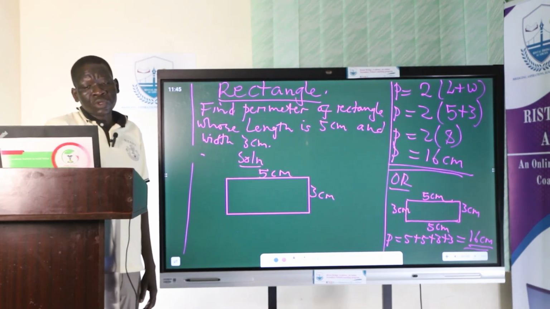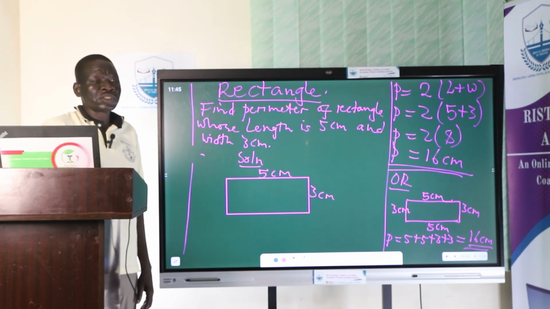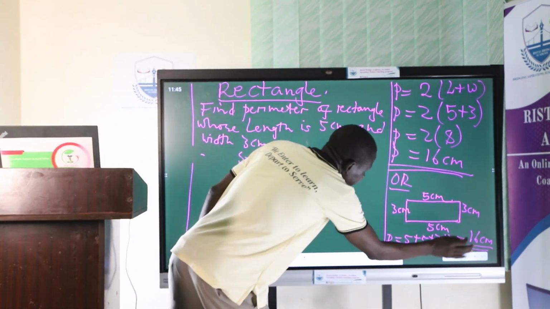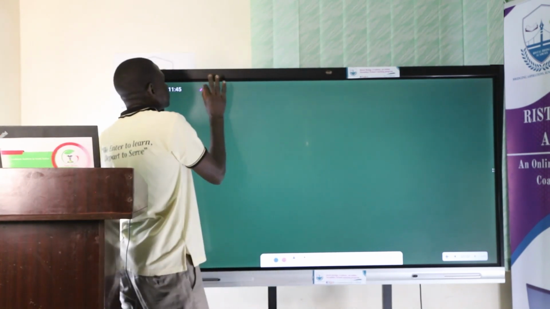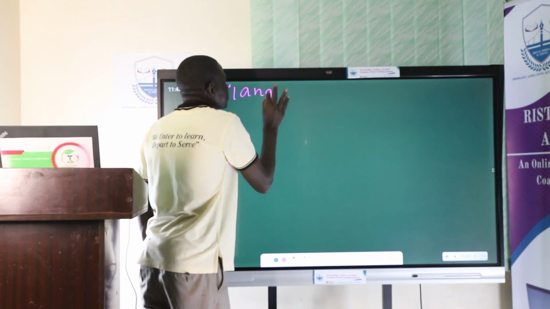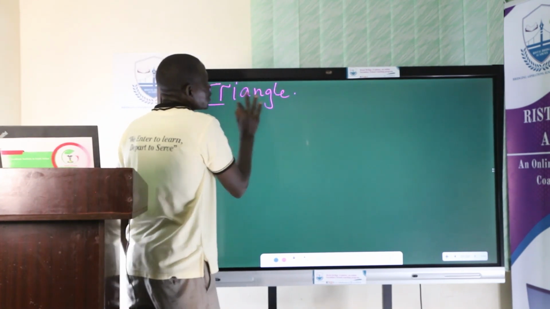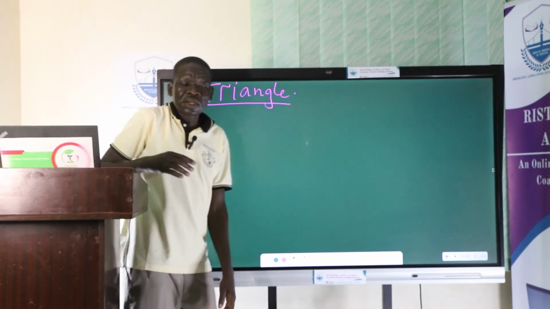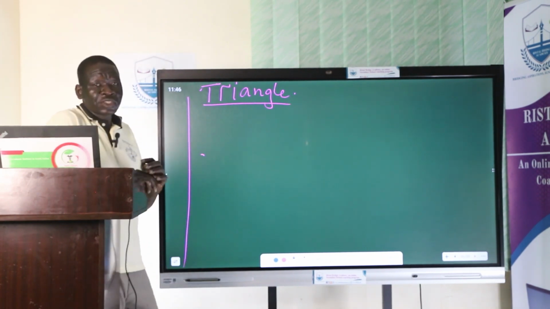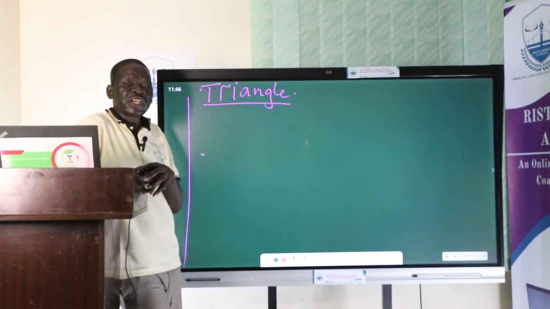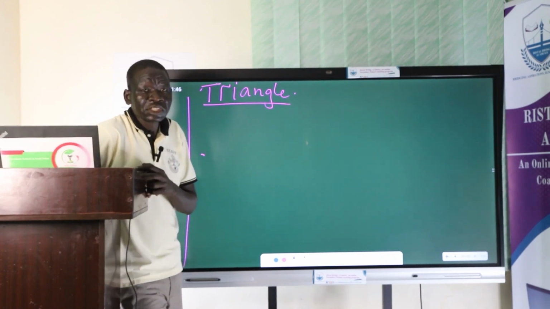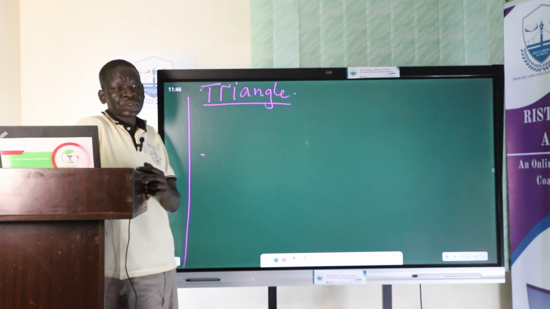Then we can also look at what we call triangle or triangular shapes. How we can find the perimeter of a triangle. First of all, a triangle is a 3-sided figure, or a figure with 3 sides.